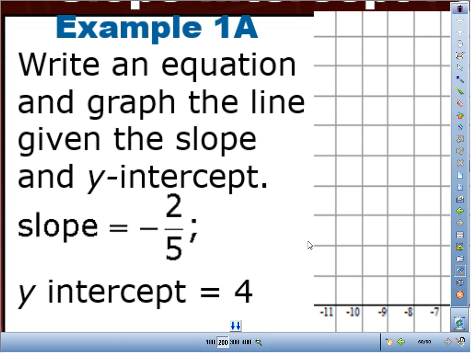Write example 1A and write an equation and graph the line given the slope and y-intercept, period. Then they say slope equals -2/5, semicolon, y-intercept equals 4. So that's what you need to write on the top left of your big graph. Copy that, please.